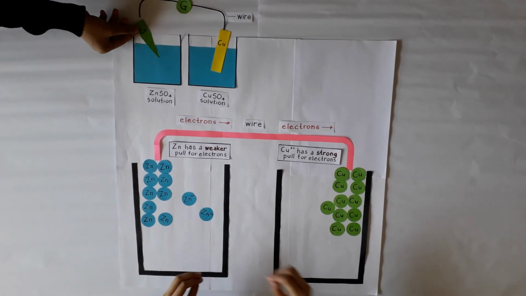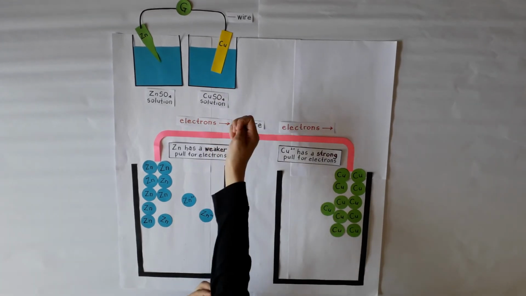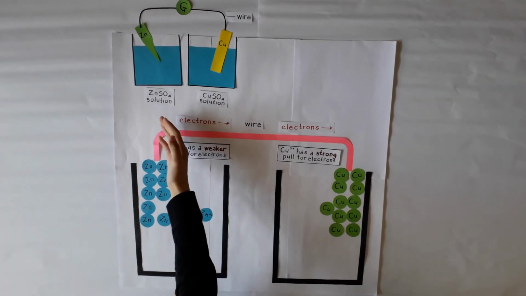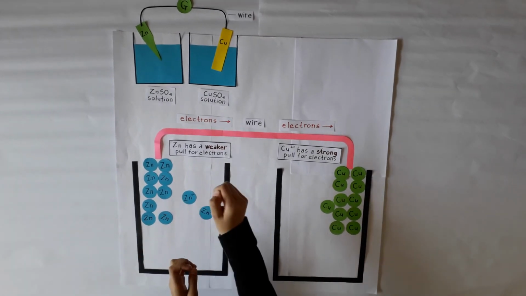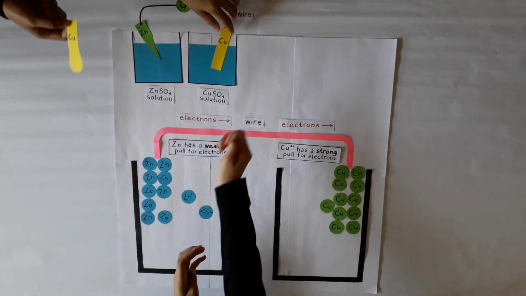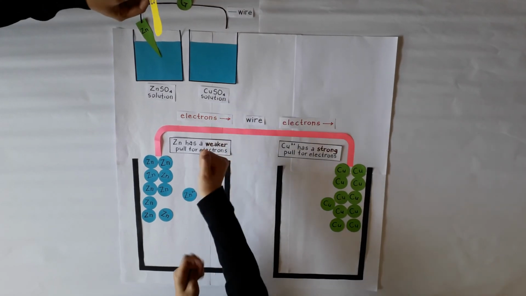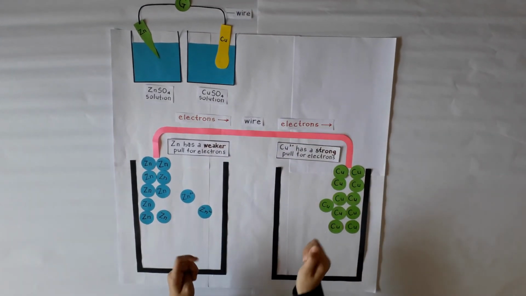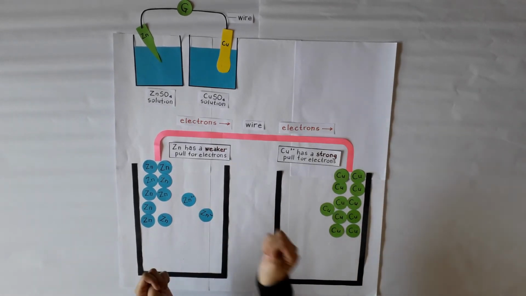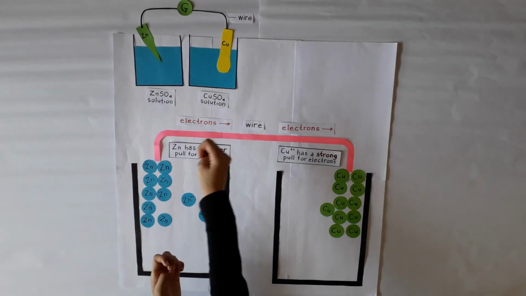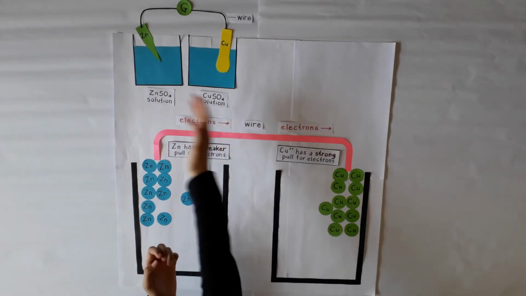But on the other hand, those Cu2+ ions are coming out of solution and attaching to the solid copper, and they are going to make this piece of solid copper bigger and bigger. And so, if we let this voltaic cell run for long enough, we'll eventually see that these 2 pieces of metal actually change size and shape.